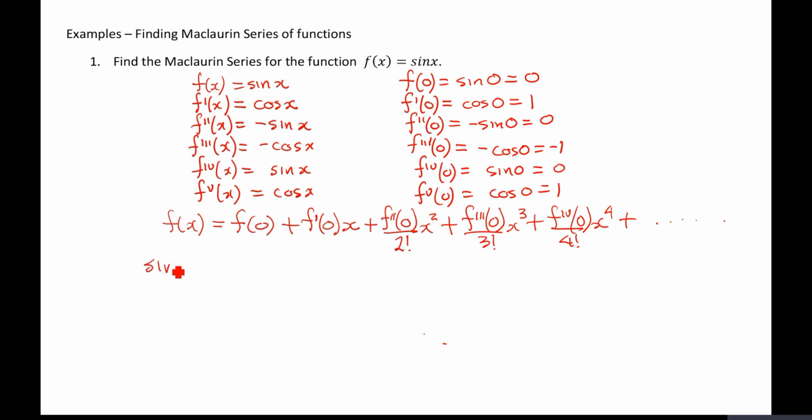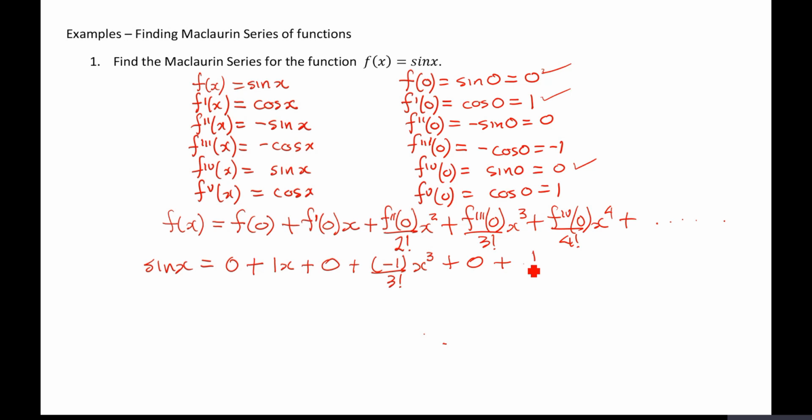So for sine of x, let's see what happens. What's f at 0? 0. What's the first derivative at 0? 1 times x. What's the second derivative at 0? Well, that's just 0. So we won't bother with the others. What's the third derivative at 0? Minus 1 over 3 factorial x cubed. Fourth derivative, 0.